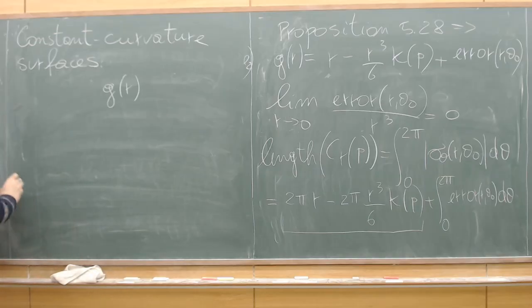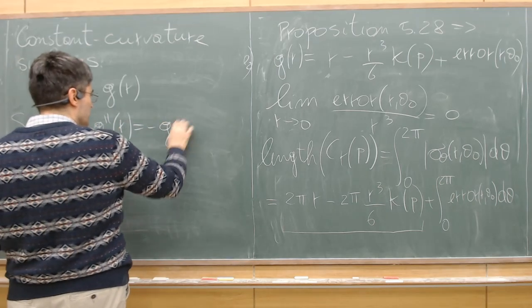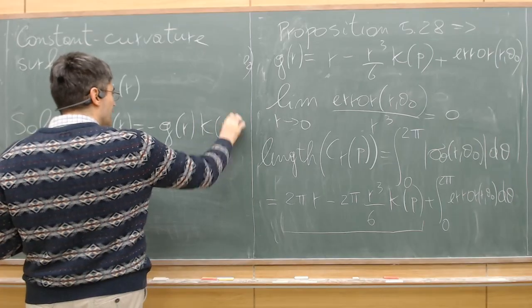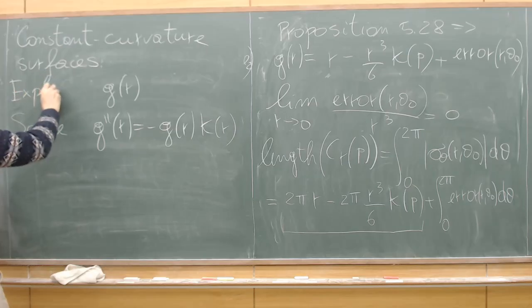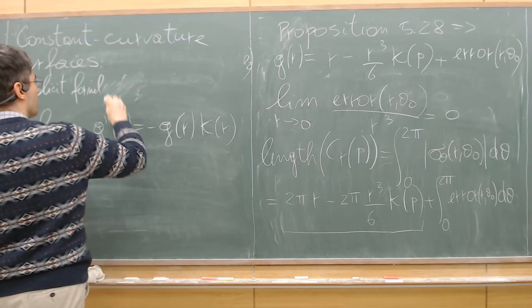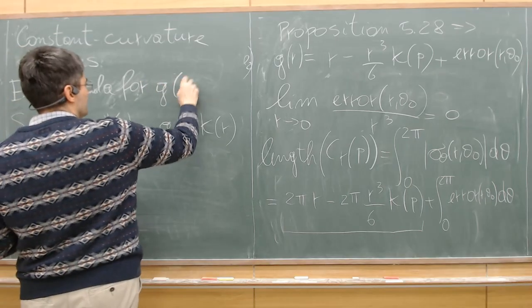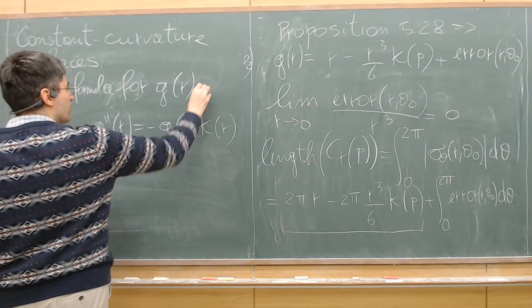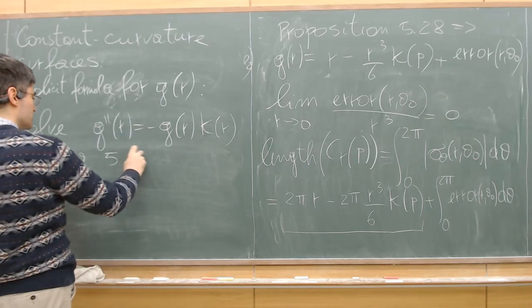Because we can solve g second of r equal minus g(r) K(r), and we get an explicit formula for g of r. This is what lemma 5.31 says.